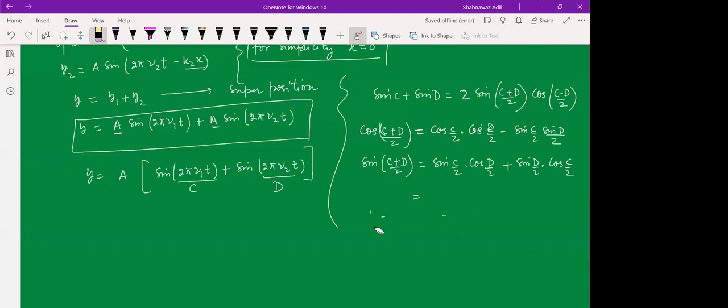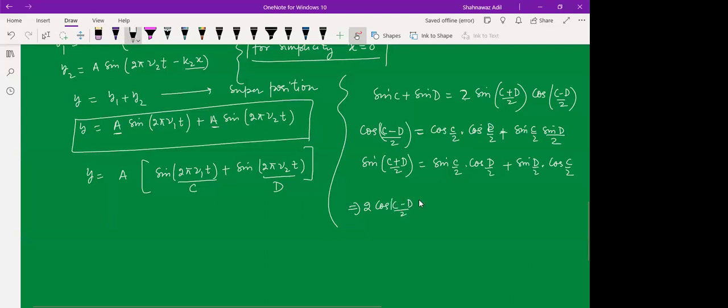Okay, so now we have to multiply these two things. If we multiply these two things, what would that be? So this is multiplied, right? And we have to find 2 and cos (C+D)/2. So (C−D)/2 we have to write, because we are just checking.